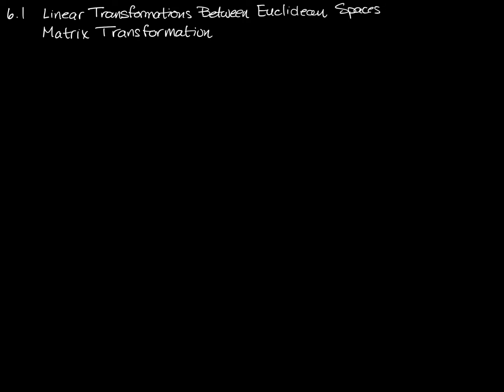I neglected to point out when I started this particular video that when we work with transformations for which we want to do what we've just done, those transformations have to be linear transformations.